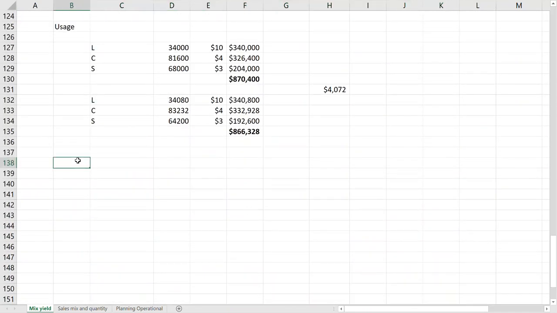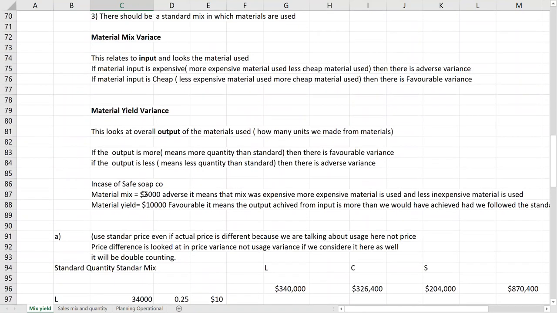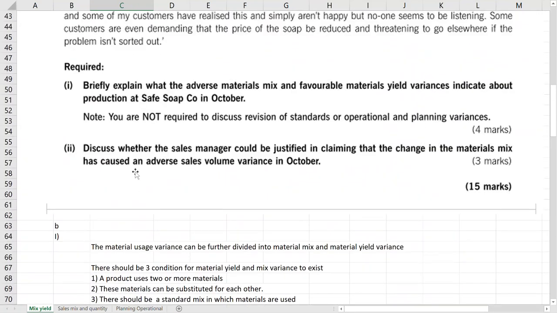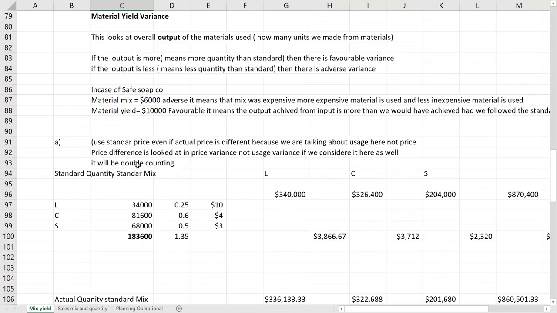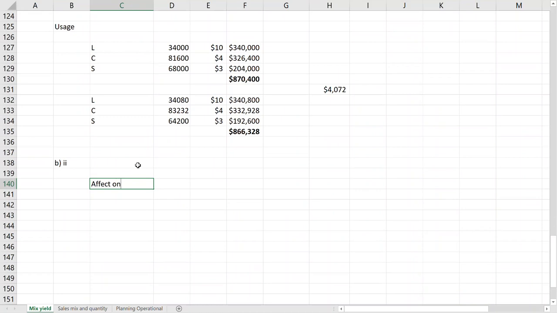The thing you could write here is, this is part B. First, let's give a general explanation whether change in the mix could affect the demand or not. So let me write here, effect on demand of change in mix.